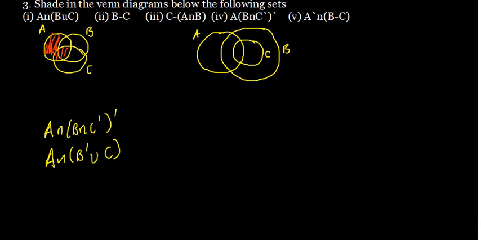Now what of in the other set? How can we shade the same A intersect B complement union C? So first I'm going to shade B complement union C. B complement means everything outside B, so we are shading outside.